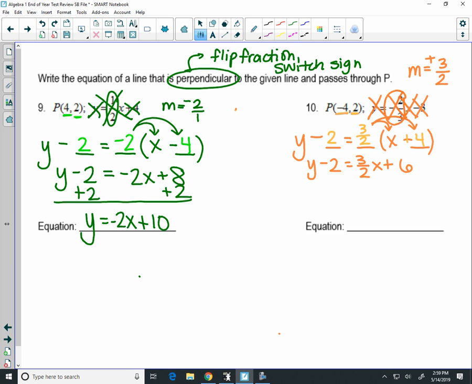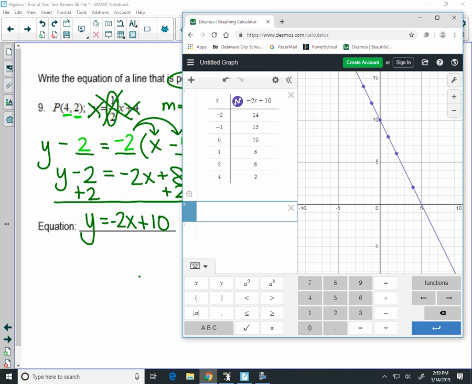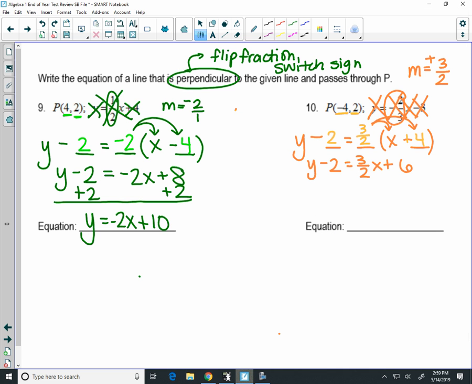You can absolutely do that in Desmos as well. No big thing, you don't have to do that fraction work yet. And our last step is to add over our 2. Again, you can double check that and make sure it goes through the point that you intended it to go through.